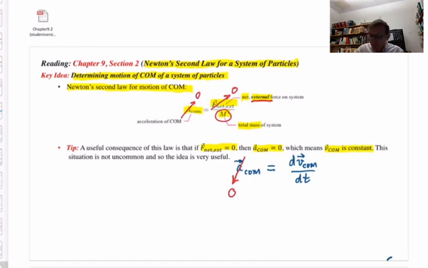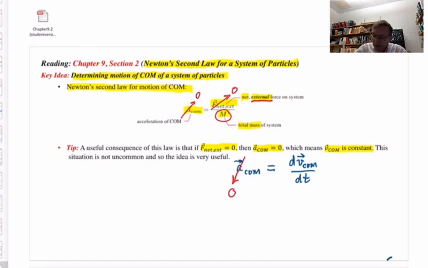Okay. So, in principle then, determining the motion of the center of mass boils down to determining the acceleration of the center of mass. Presumably from that you could then get the velocity and the displacement. And we get the acceleration of the center of mass by applying a specialized form of Newton's second law.